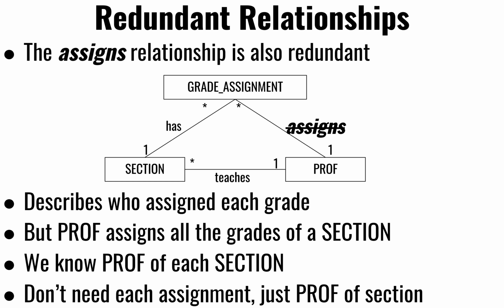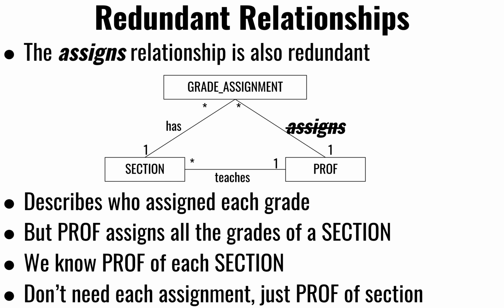Now, if the rule says that in a particular section only one professor can possibly teach that section, it's already understood that if you know the section, you know the professor who's teaching it, and only that professor can possibly assign the grade. So it would be this additional information here that the assignment was assigned by the professor.